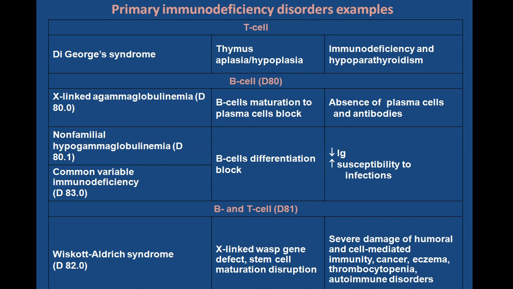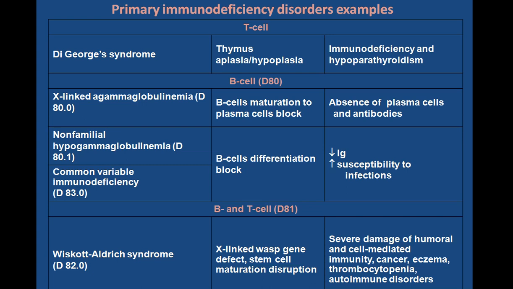Wiskott-Aldrich syndrome, D82. The primary position is the X-linked WASP gene defect, with stem cell maturation disruption.